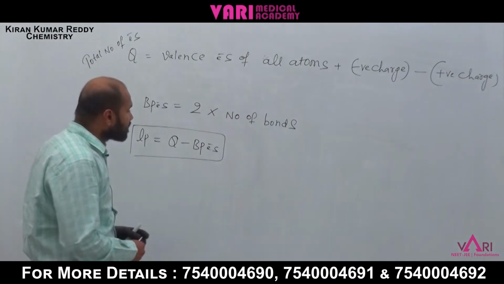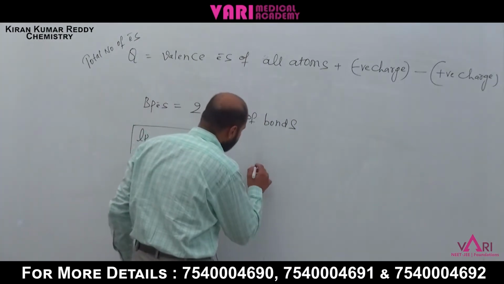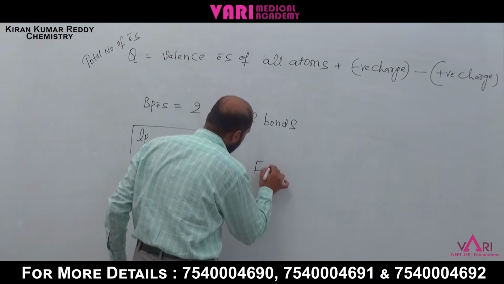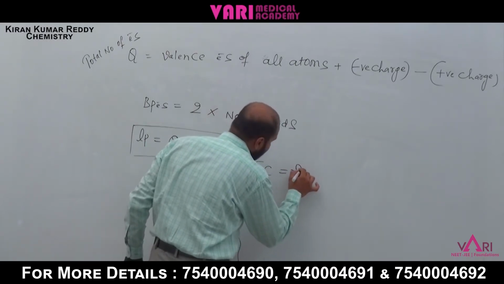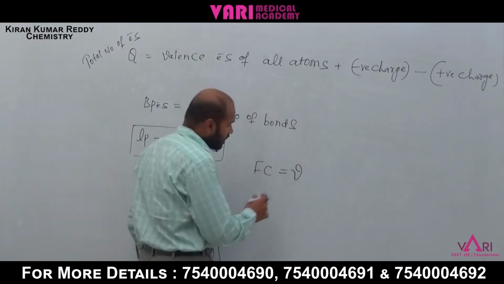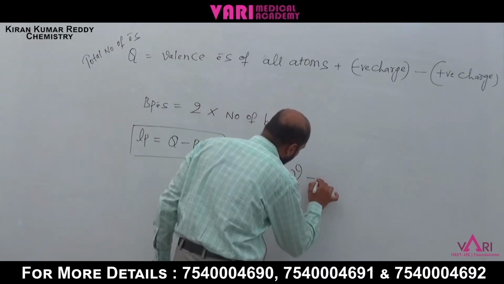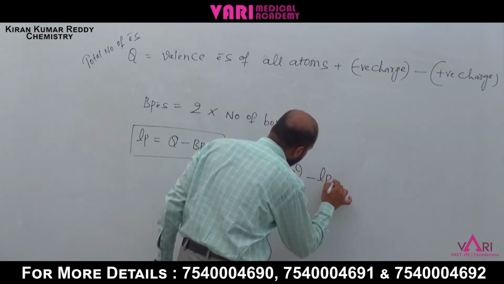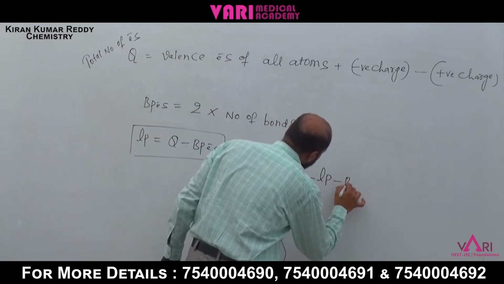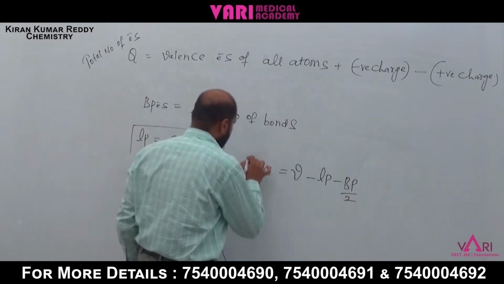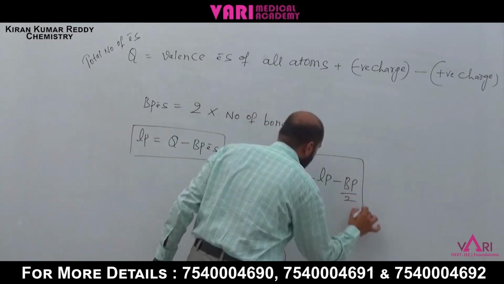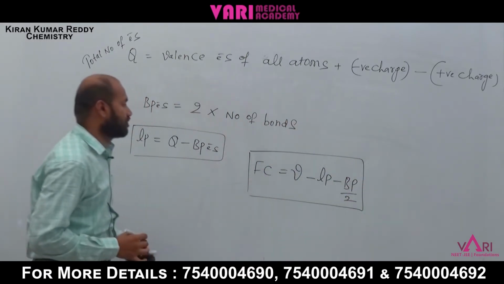Now formal charge. What is the formal charge? We can write the formula. Formal charge is equal to valence electrons of that atom V minus lone pair of electrons minus bond pair of electrons by 2. Formal charge can be calculated by using this.